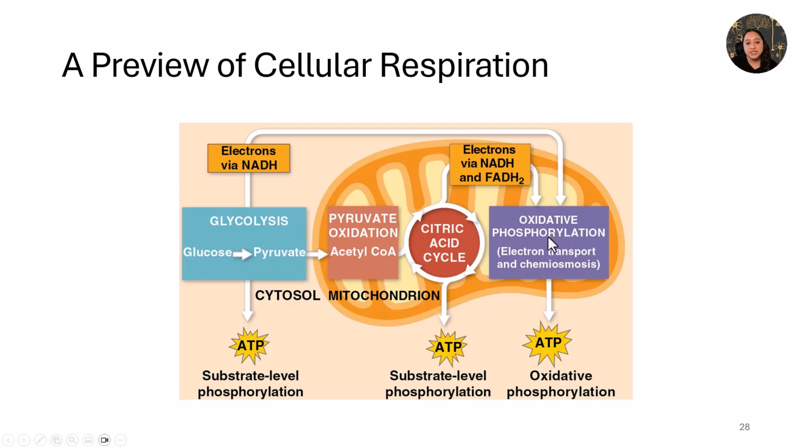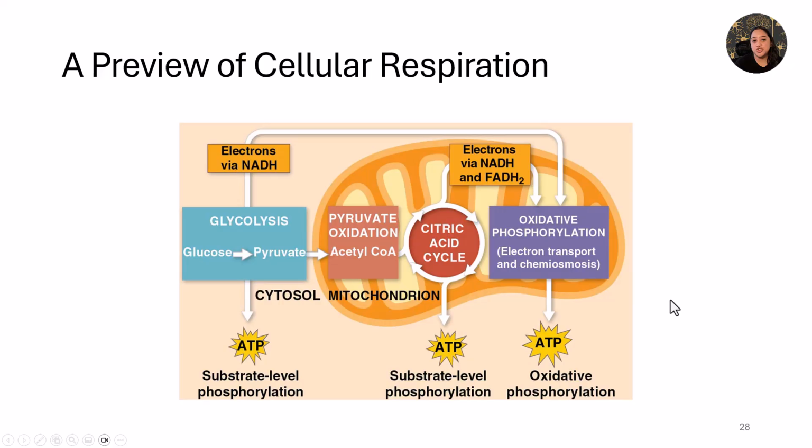So stage 2 is pyruvate oxidation and the citric acid cycle. And then stage 3 is oxidative phosphorylation, which has these 2 parts, electron transport chain and chemiosmosis. At each part, some ATP is made. So ATP is made here, here, and here is where the most is made.